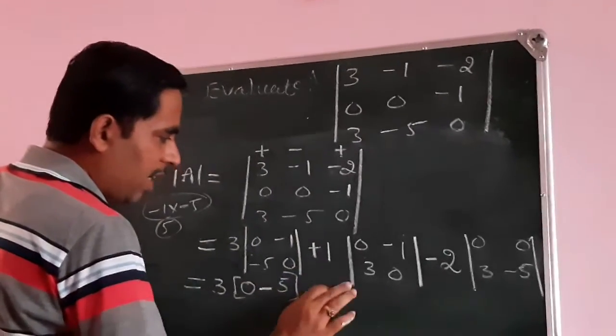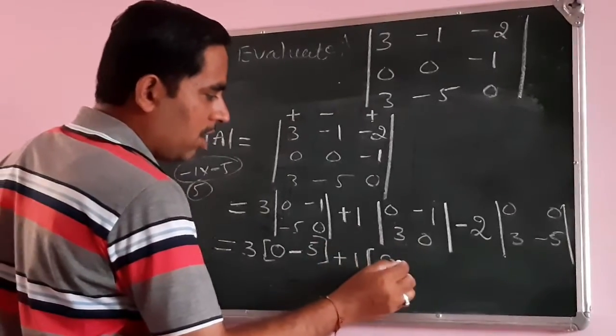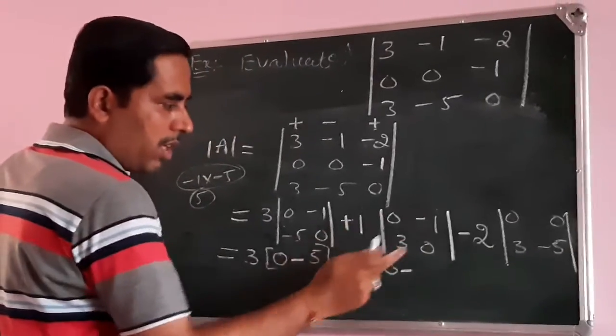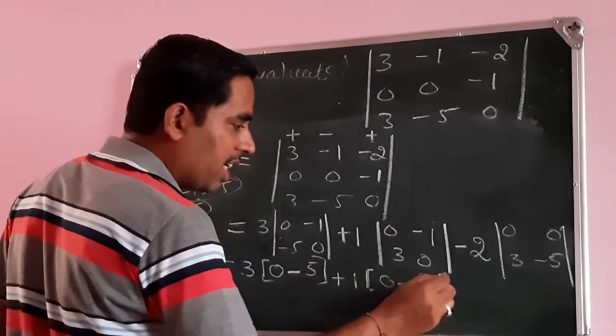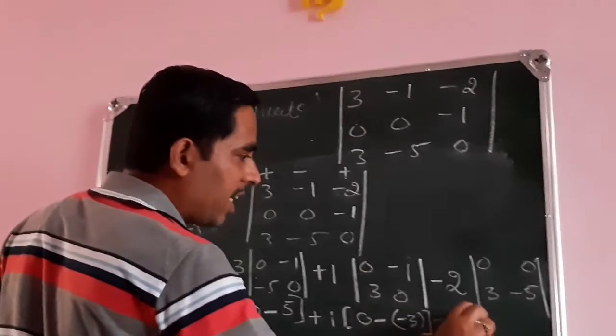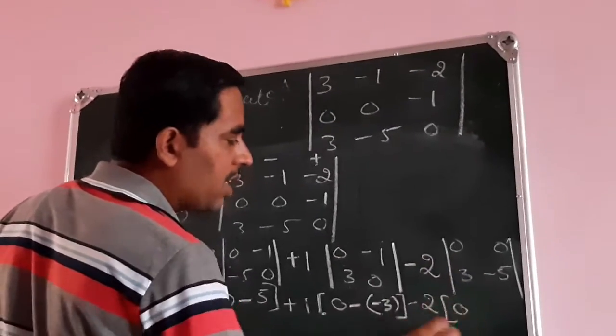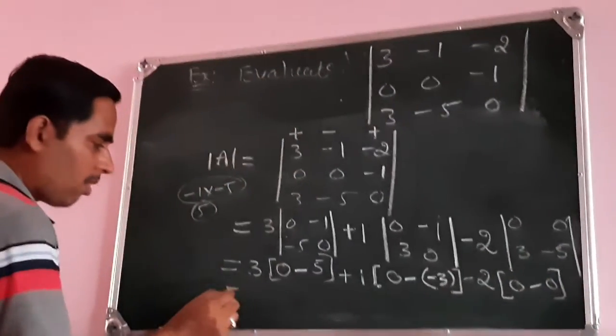So plus 1 into, 0 into 0 is 0. Minus of 0 into 0, 0; minus of minus 1 into 3, that is negative, the product is minus 3. I write minus 2 as it is, 0 into minus 5 will be 0, minus 3 into 0 will be 0.